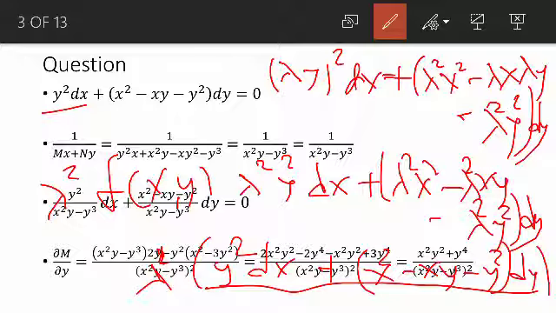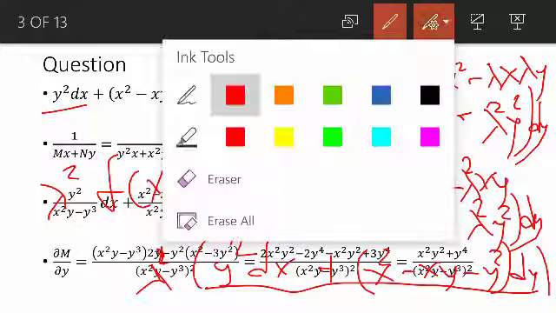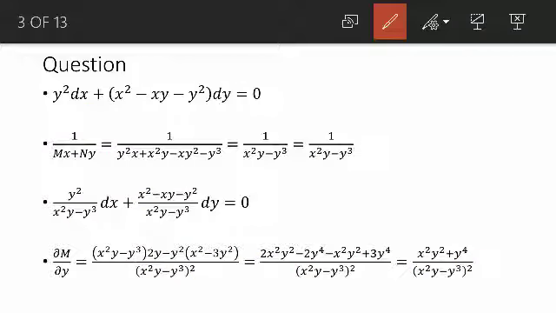So we are certain that this equation is a homogeneous equation. So we go ahead to find the integrating factor of the homogeneous equation that can help us convert to exact.